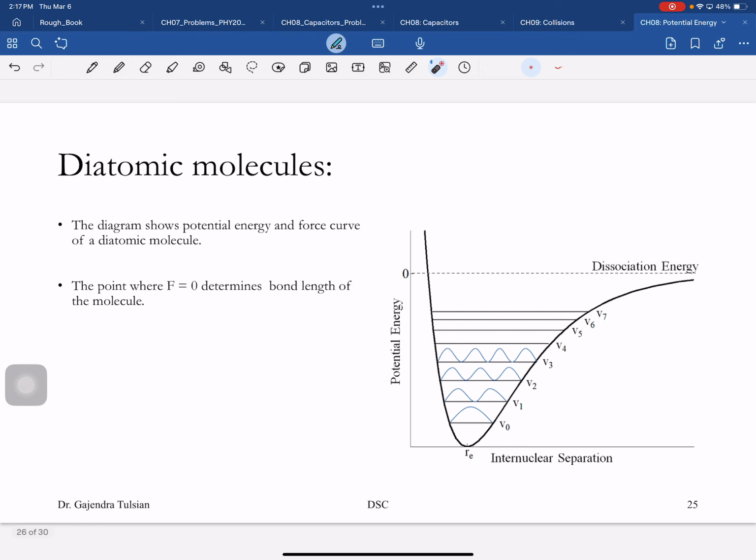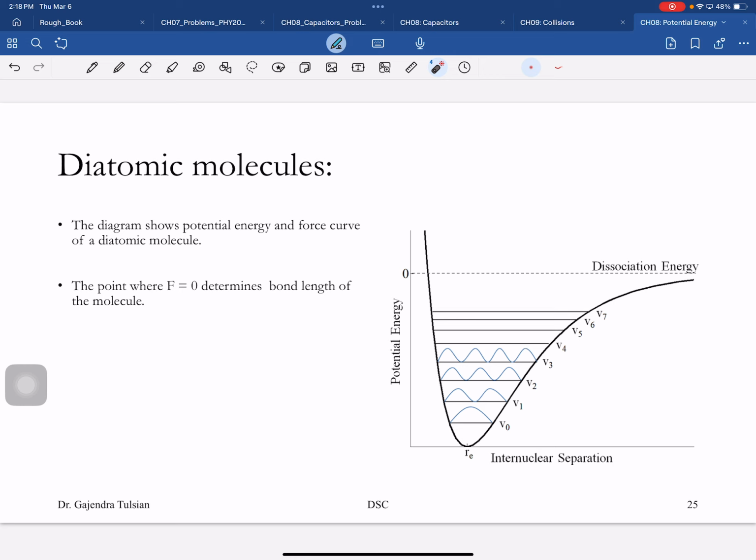So these potential energy curves are very useful. For instance, this room is full of diatomic molecules, 78% nitrogen and 21% oxygen. So what is the distance between two nitrogen atoms? If you pull this nitrogen atom too far, what is this guy going to do?